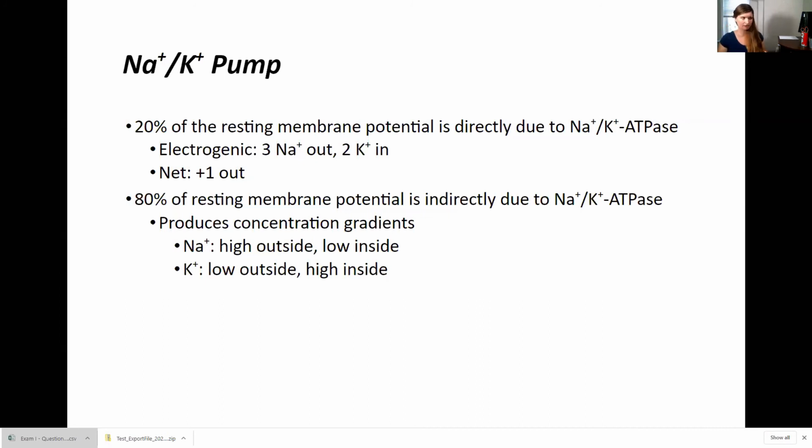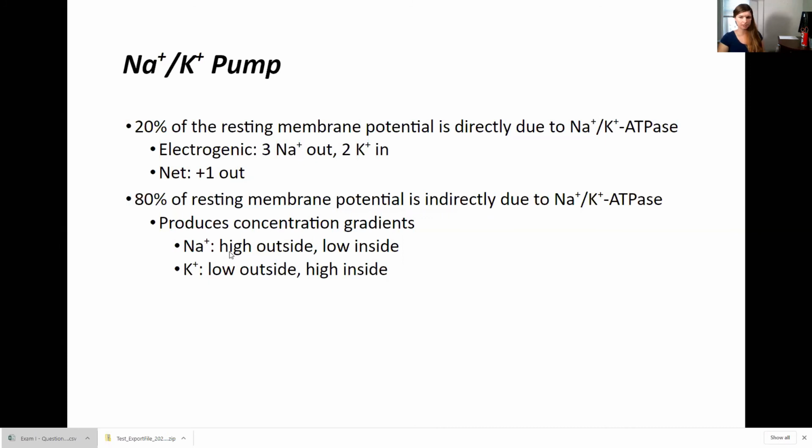80% of our resting membrane potential is actually indirectly due to the action of our sodium potassium pump, because the sodium potassium pump produces concentration gradients. So we'll see that that resting membrane potential and those concentration gradients are going to exert forces on the sodium and the potassium.